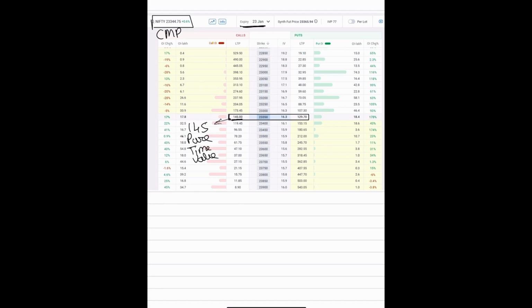Now let's check for 23,300. So CMP minus strike. CMP is 23,344 minus 23,300. That comes to be 44. But the traded price is 173.